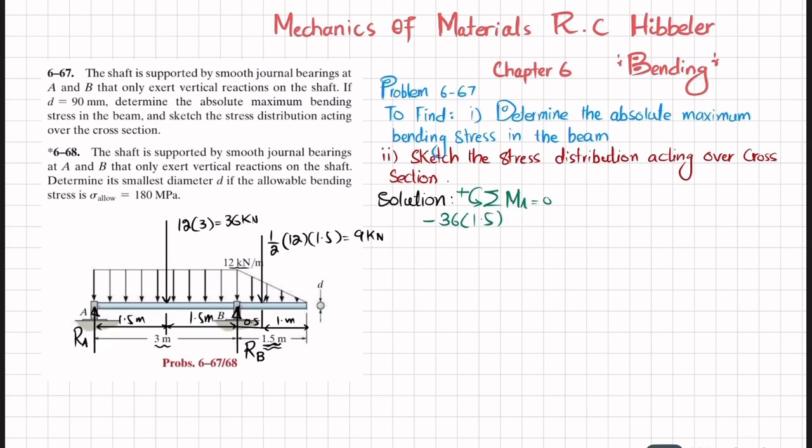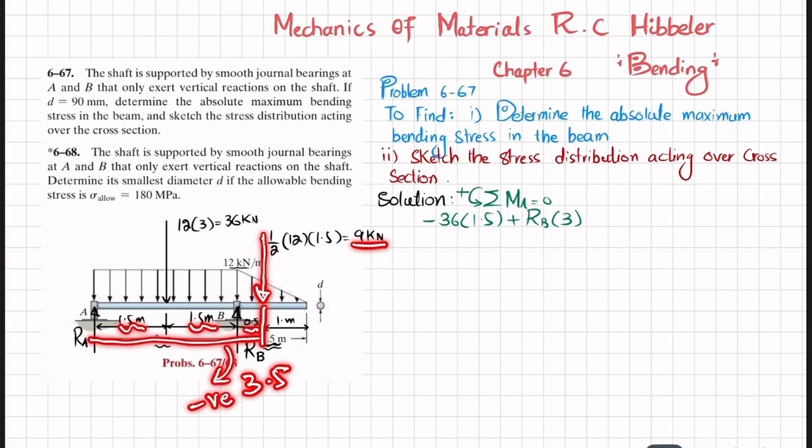This 36 into perpendicular distance 1.5, and this will be minus. The second moment will be due to this RB, and perpendicular distance is 3, and this is counterclockwise movement, so it will be positive. So I will write plus RB into 3. The third moment will be produced due to this load, which is 9 kilonewton, and now perpendicular distance is 1.5 plus 1.5 plus 0.5, which is 3.5, and that is clockwise, so it will be negative.